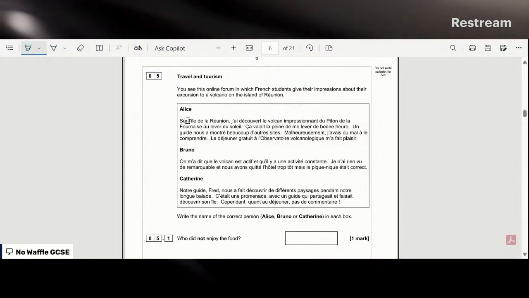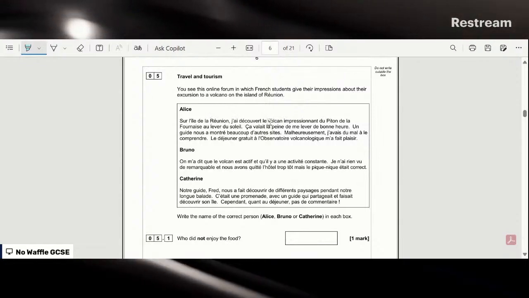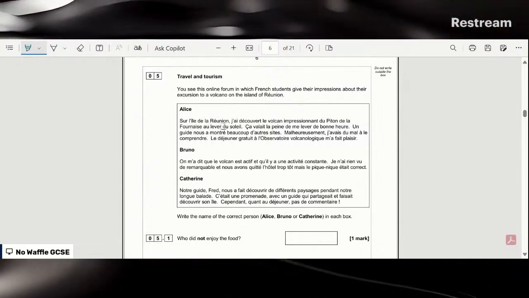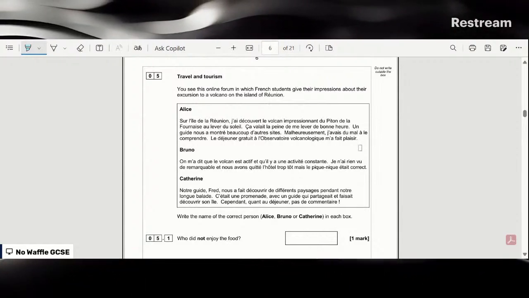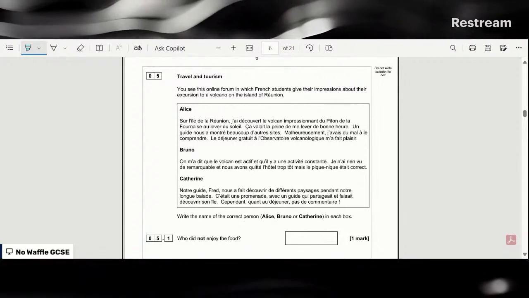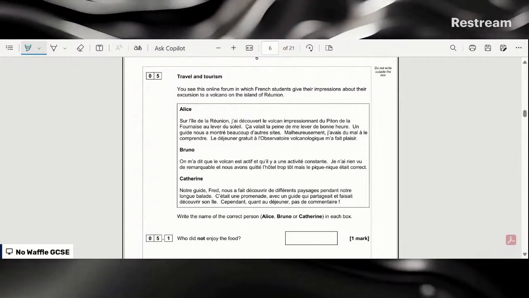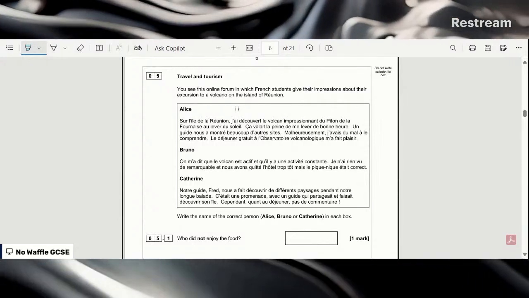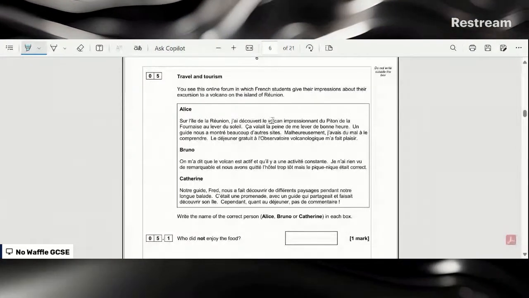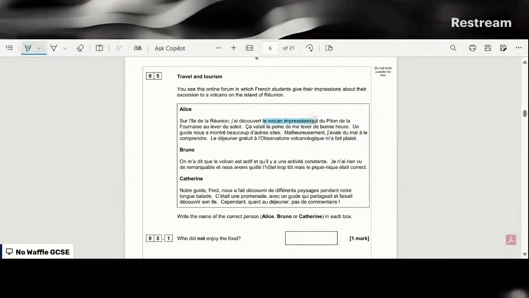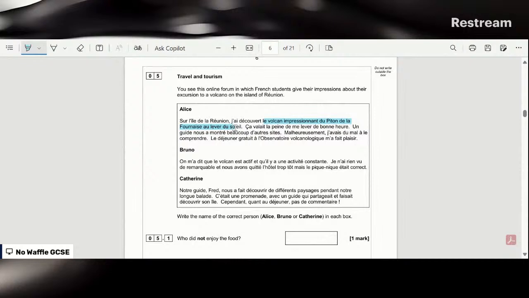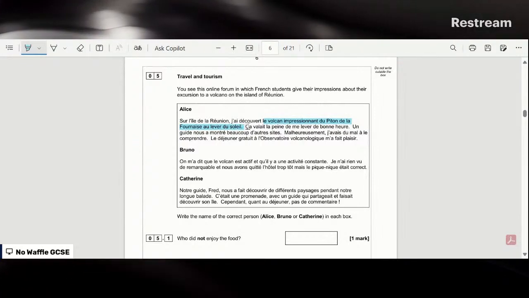So going through this, sur l'île, on the island, j'ai découvert le volcan impressionnant du Piton de la Fournaise au lever du soleil. So Alice discovered the impressive volcano au lever du soleil.